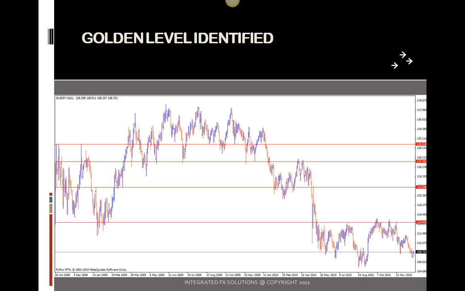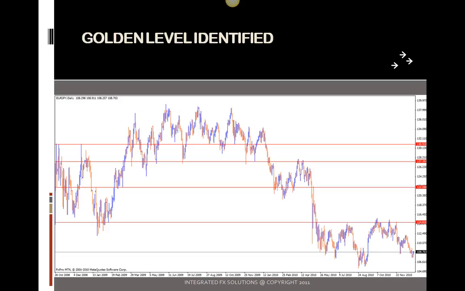At each rejection there was a price movement of about 200 pips. That's amazing. And at the third rejection we got a dip, and that's how important and reliable golden levels are to our trading. I can't do without them.